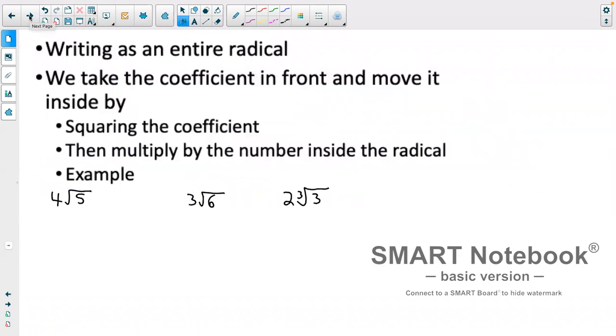Okay, next we have writing as an entire radical. So this is doing the opposite operation. So it's changing from mixed radical into an entire radical.